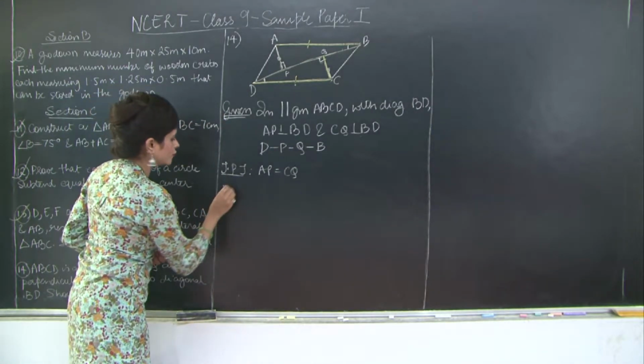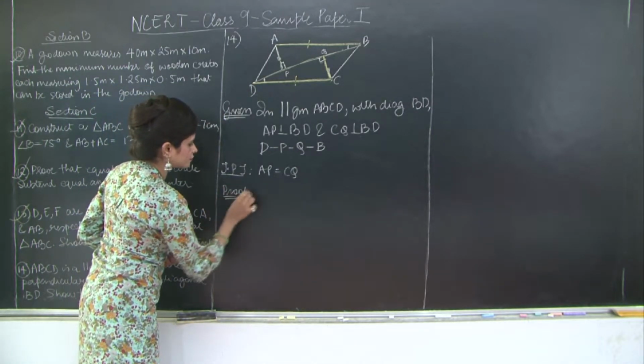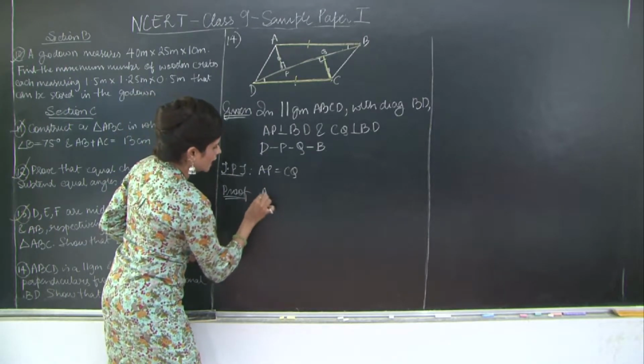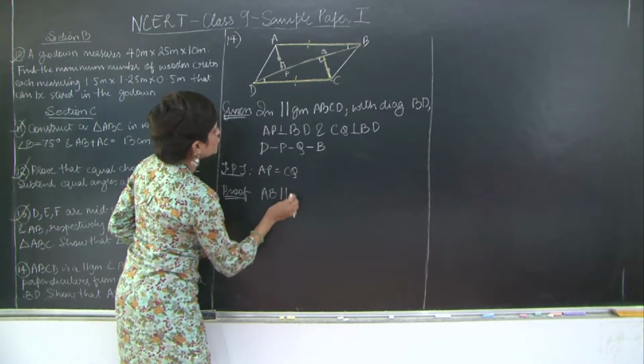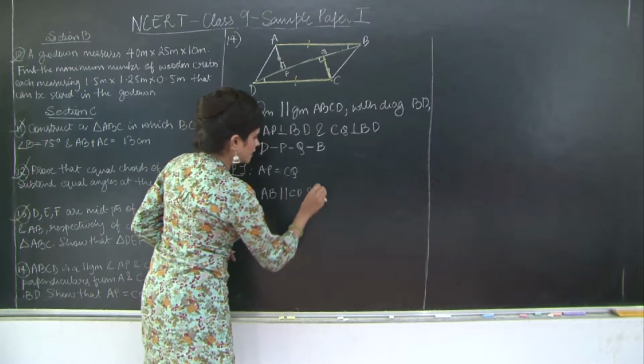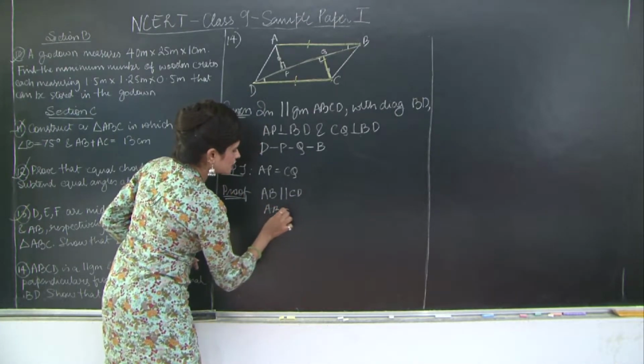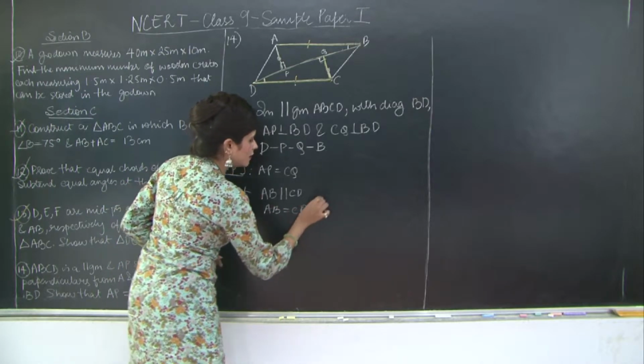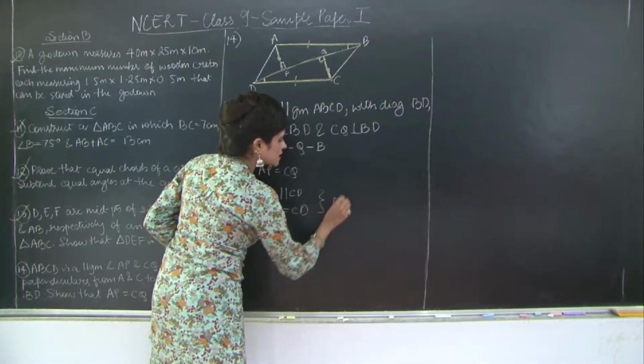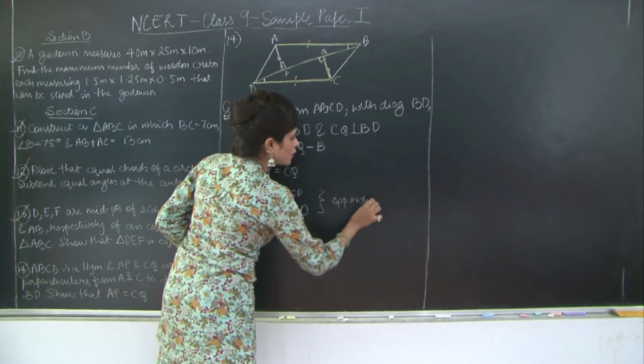So I'll say proof. AB is parallel to CD and AB is equal to CD. Why? Because they are opposite sides of parallelogram.